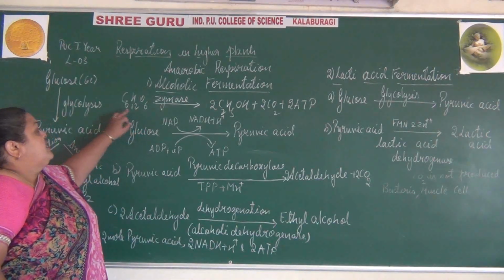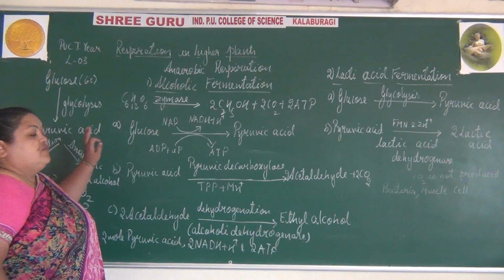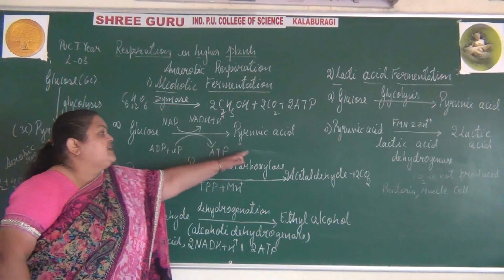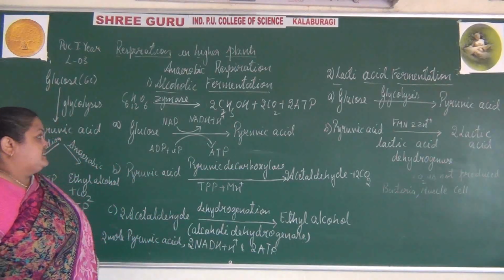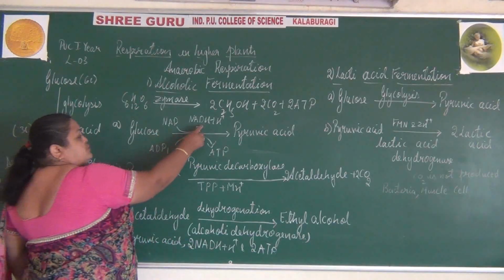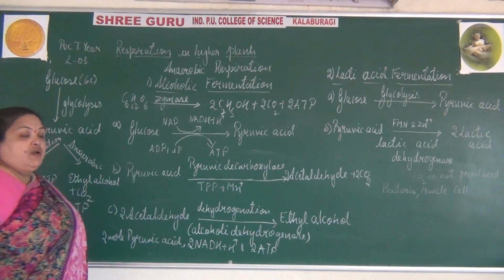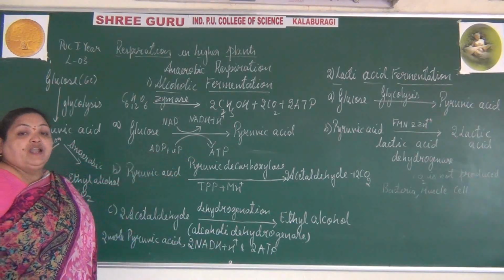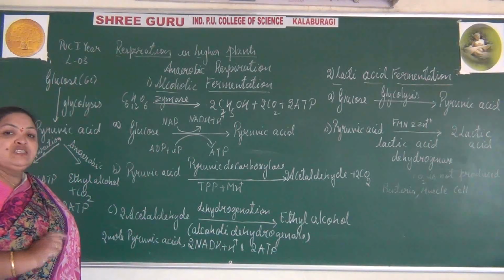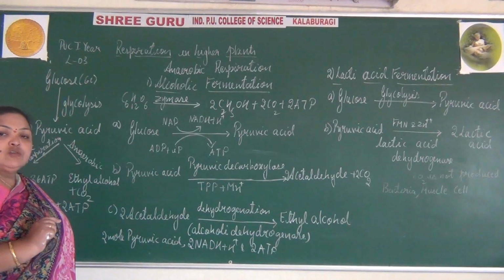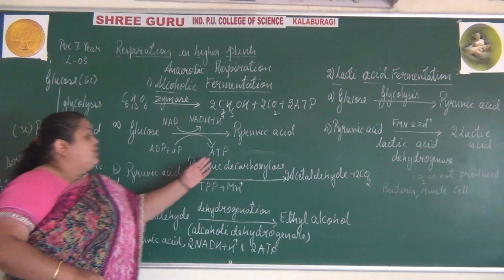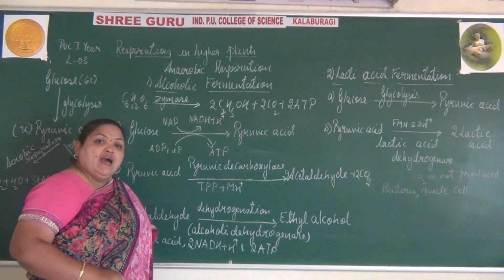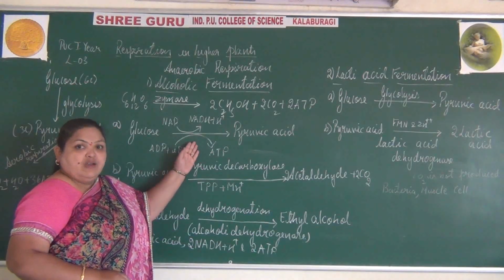So with this zymase, the first common process is glycolysis, where glucose is converted into pyruvic acid, where NAD is reduced to form NADH2, and adenosine triphosphate is also formed, as we have seen in the process of glycolysis, that 4 ATP molecules and a molecule of NADH2 are formed.